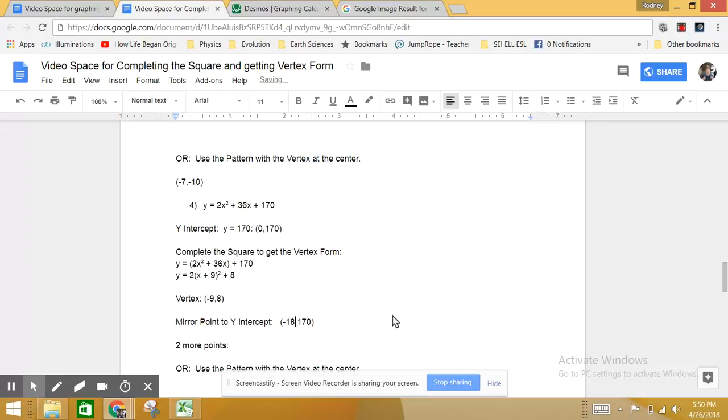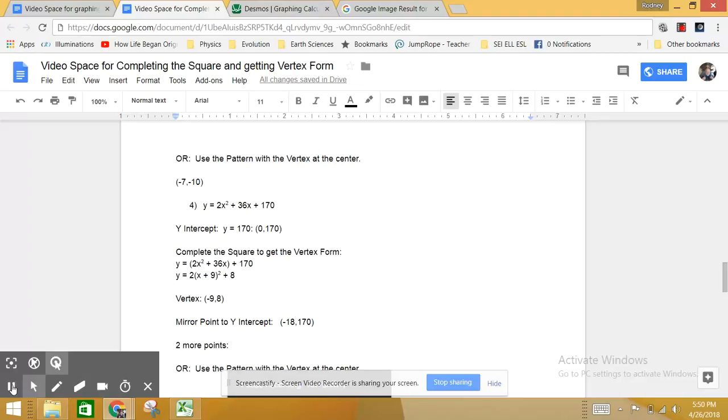So there we are. We have our mirror point. Okay, we were just talking about the mirror point, which is at negative 18, 170, the vertex, which is negative 9, 8, and our y-intercept at 0, 170.